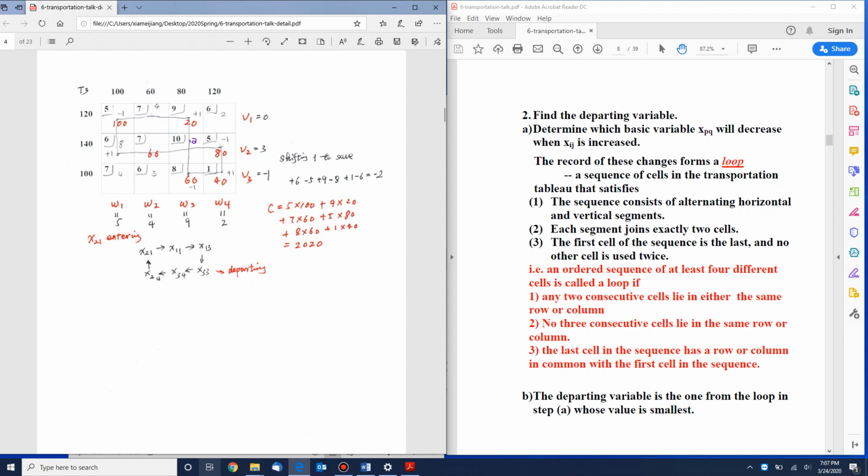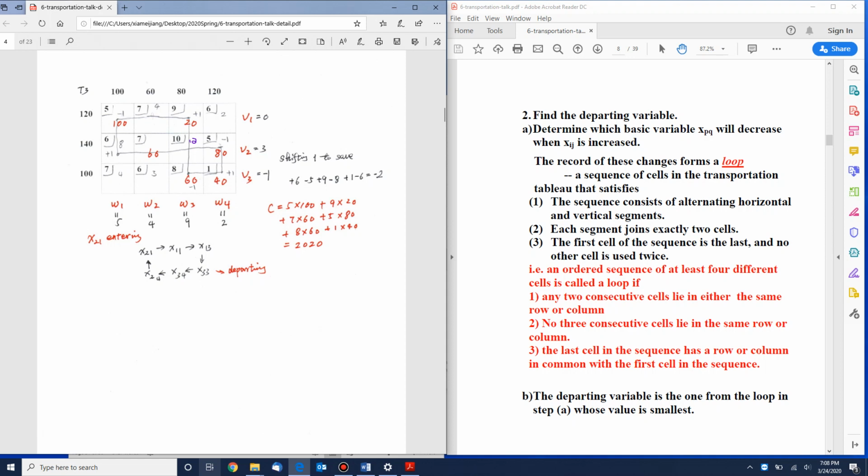When I choose x21 entering, that means I increase 1 here, then x11 has to reduce 1. x11 reduce 1, then we have x13 increase 1. When x13 increase 1, then x33 reduce 1. x33 reduce 1, that means x34 increase 1, that means x24 increase 1, and then from x24 we can go back to x21, right?